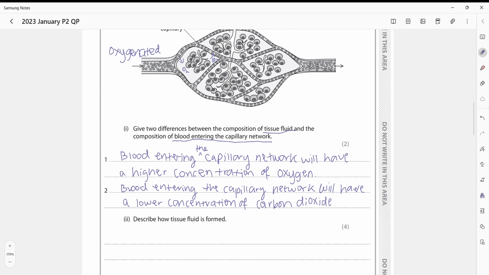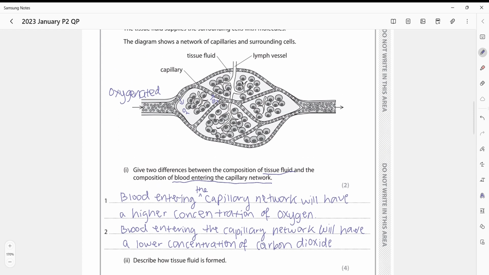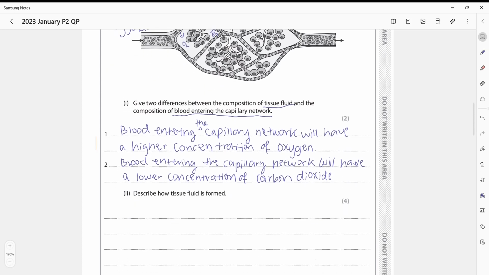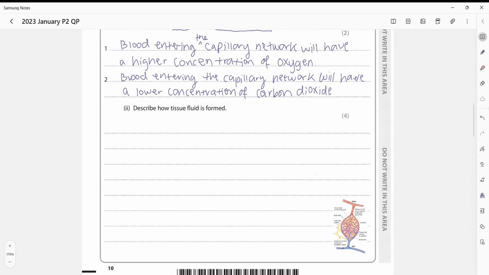Another thing you can also say is that there are no red blood cells or large proteins in your tissue fluid. And that's because your red blood cells and your large proteins are too large to fit between the pores of your capillaries. Okay, let's move on to part 2, describe how tissue fluid is formed.